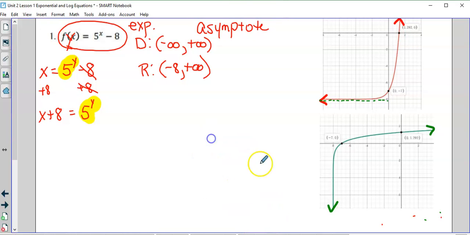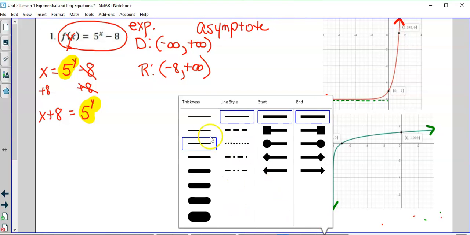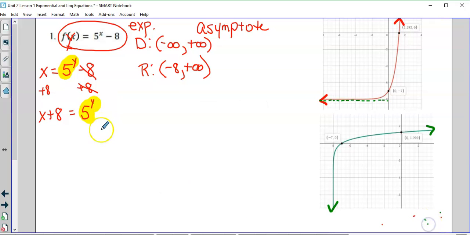Once you have that part by itself, then what you're going to do is you're going to rewrite it. So on this next line, I'm going to rewrite as a log. Okay, so you don't rewrite it until you get this part by itself. So you got to do all your adding and dividing and whatever else you need to do to get that yellow part by itself.